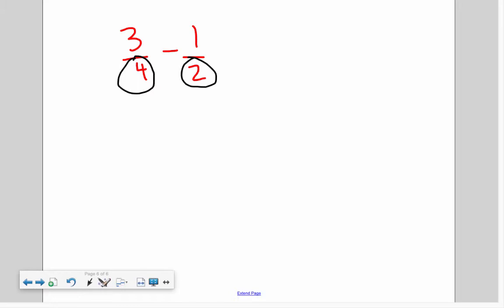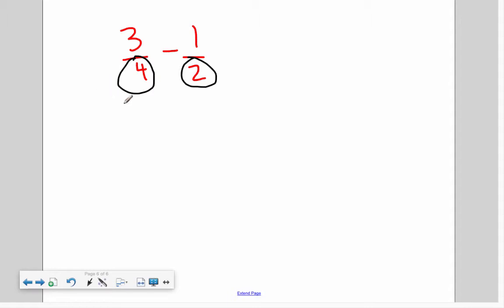So multiples of 2 are 2, 4, 6, 8, and multiples of 4 are 4, 8, 12, 16. The lowest common multiple, the smallest number that both 4 and 2 go into, is 4. So we don't have to do anything with 3/4 because 4 is the lowest common denominator between 4 and 2.